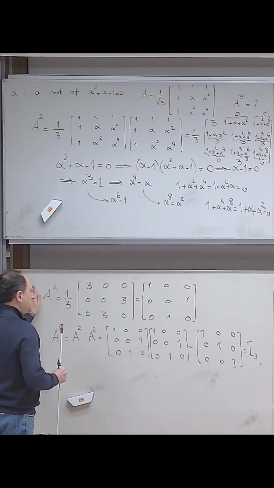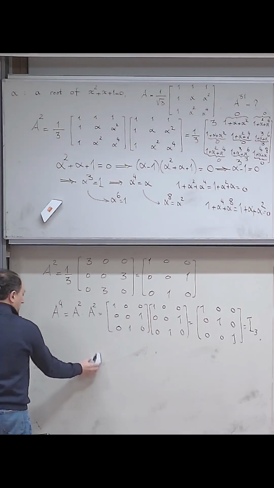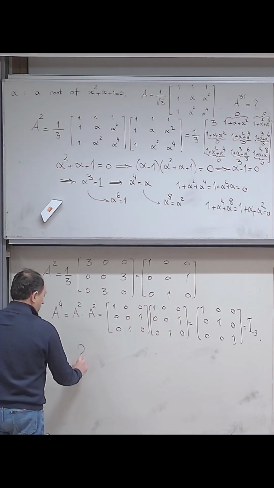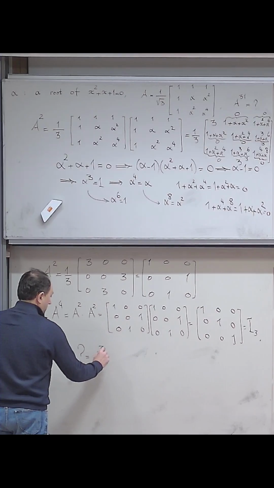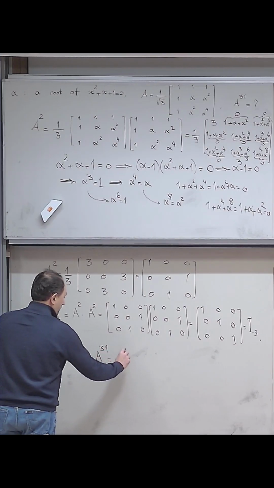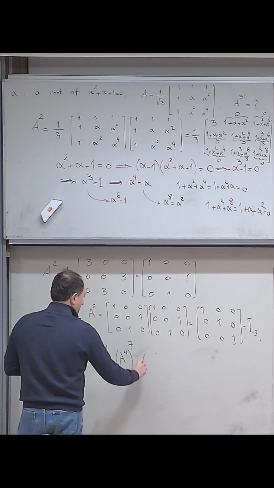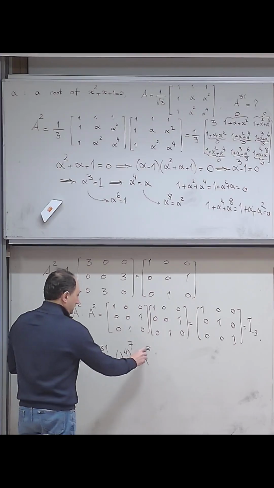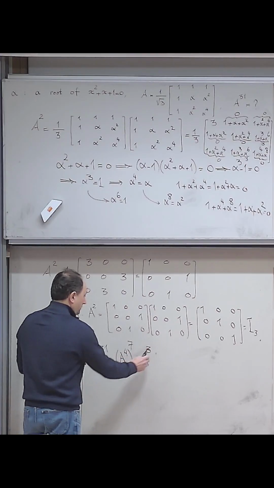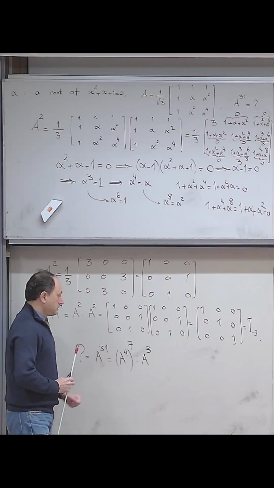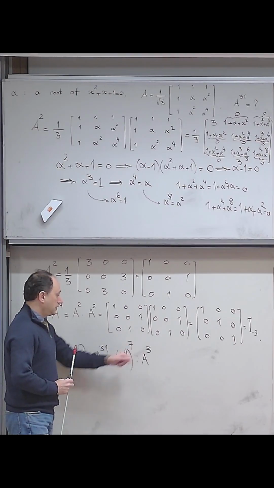But what is the question? The question is, what can I write for A to power 31? Okay, so A to power 31 can be written as A to power 4, to power 7, multiplied by A to power 3. Yes? Because 4 times 7 is 28, 28 plus 3 is 31.